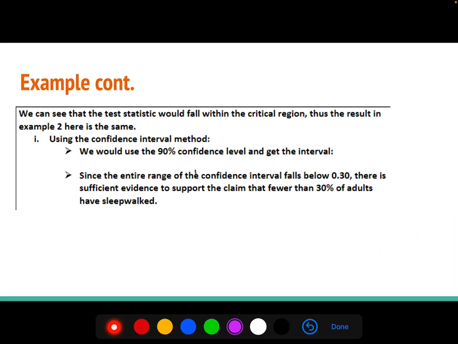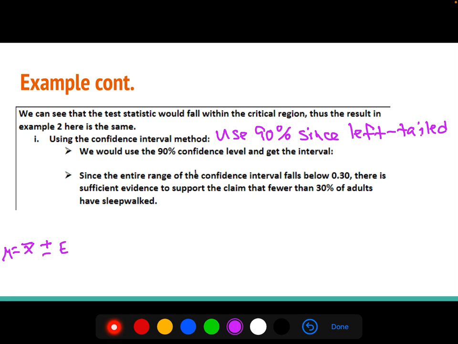Now, using the confidence interval method, we use 90% since it's left-tailed. That was a slide I gave you earlier about the confidence interval. And so we would use the 90% confidence level to get the interval. In this case, how do we get this interval? Well, it's the estimate plus or minus the error.